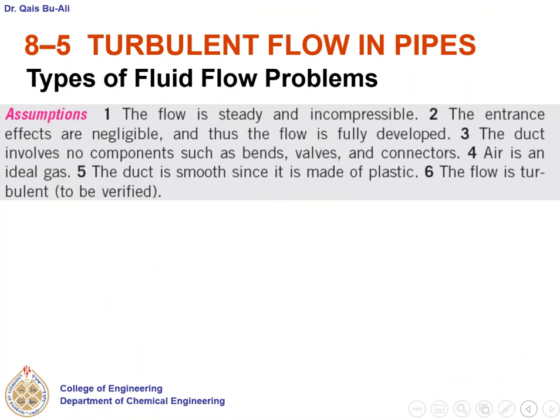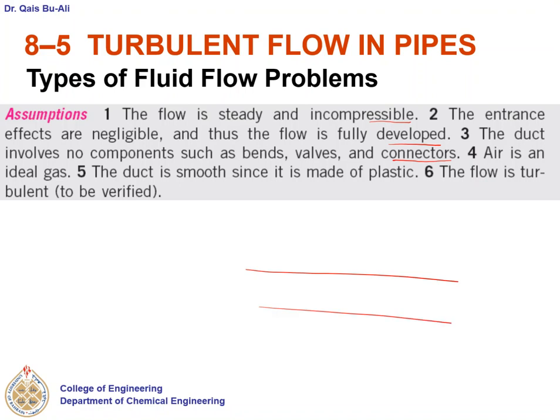First of all, as for the assumptions, as usual: the flow is steady and incompressible, the entrance effects are negligible, and the flow is fully developed. You have to mention those always. The duct involves no components such as bends, valves, or connectors. You want to make sure that this is purely a straight pipe.